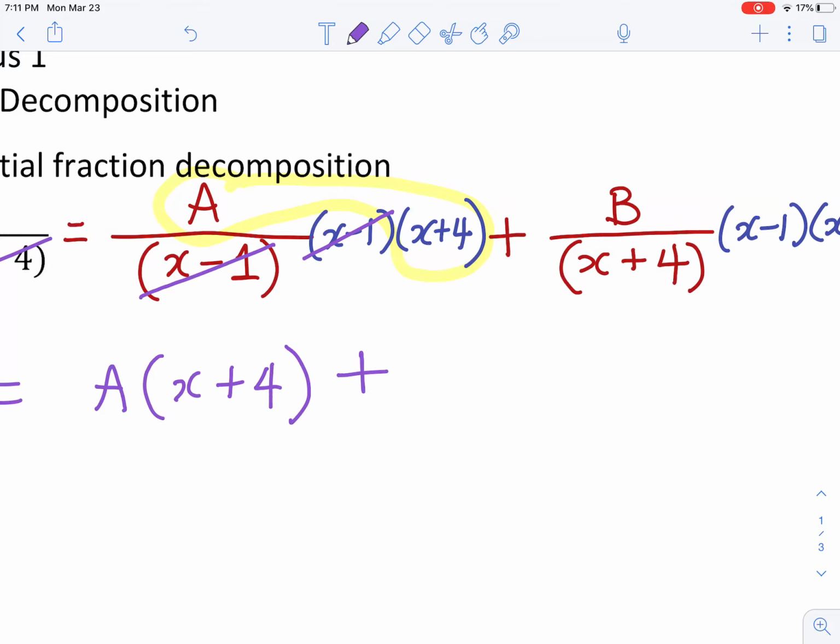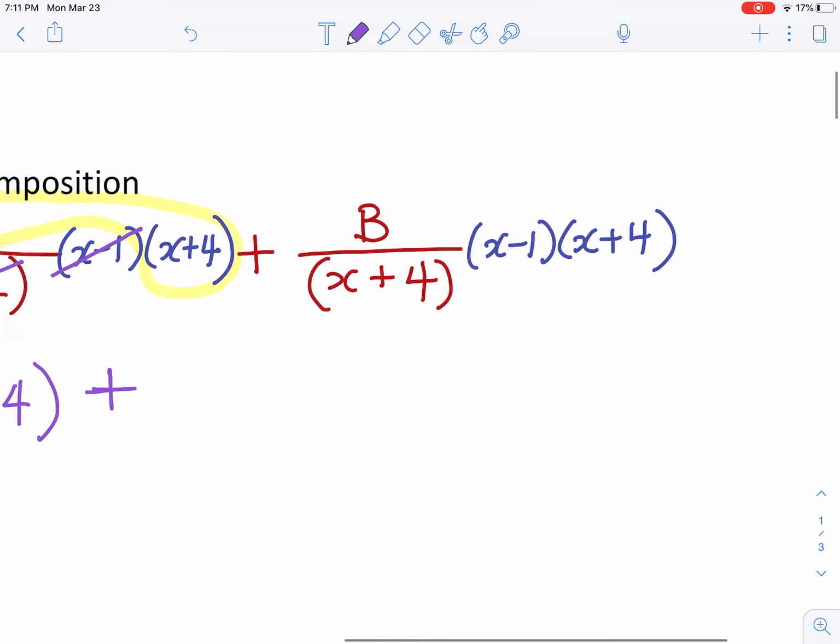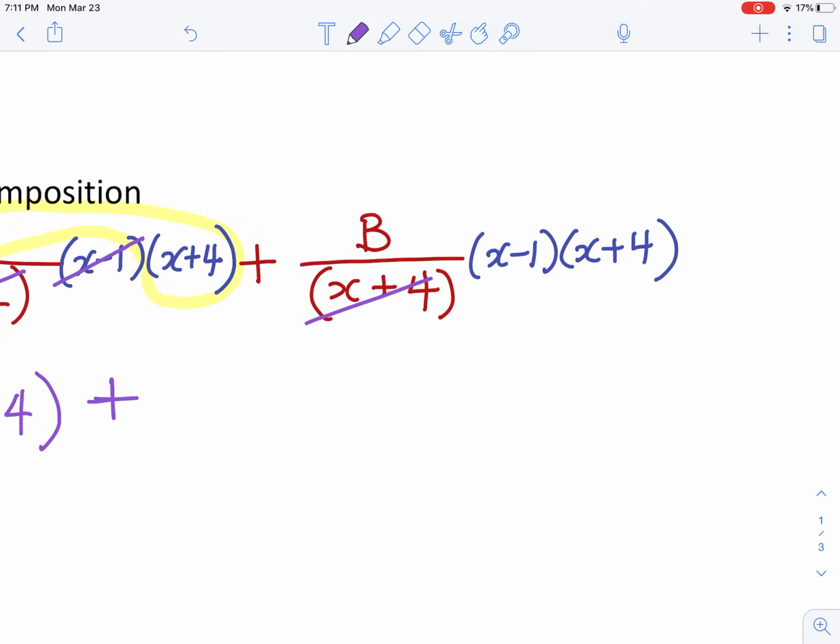Now, draw the plus sign. Now we're over here. Let's see what cancels out. The x plus 4 cancels out over here, and we're only left with B times x minus 1. So do write that, B times x minus 1.